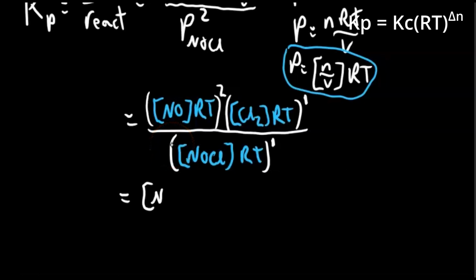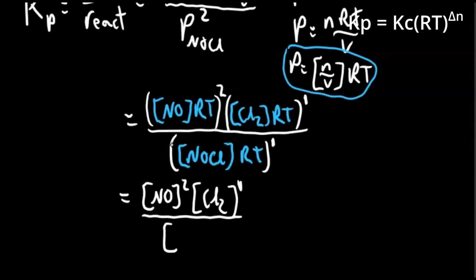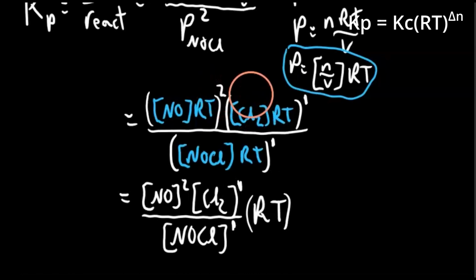So we'll put the NO squared and the Cl2 to the power of 1, all divided by the concentration of NaCl to the power of 1. And then these RTs become RT to the power of 2 plus 1 minus 1. Do you see that? Let me know if that's confusing or not. But see, we have this RT factor in all of them.